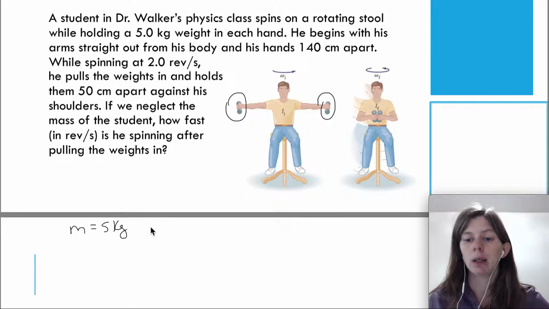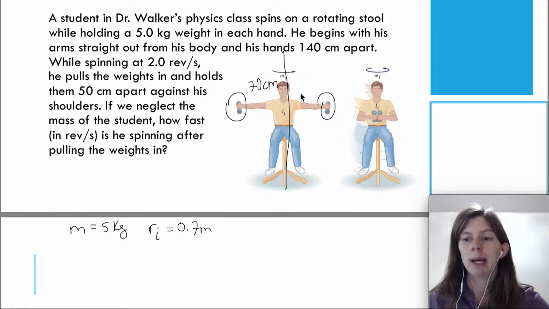And initially, how far are they from the axis? The axis is here. It says the hands are 140 centimeters apart. That means that they're each 70 centimeters away from the axis, halfway. So the initial r is 0.7 meters. And then when he brings his arms in, it says that now the hands are 50 centimeters apart.